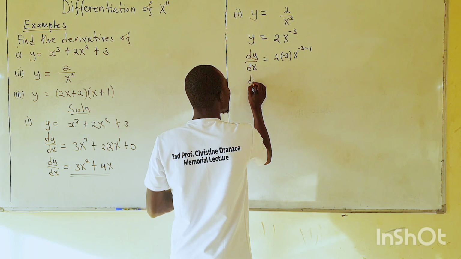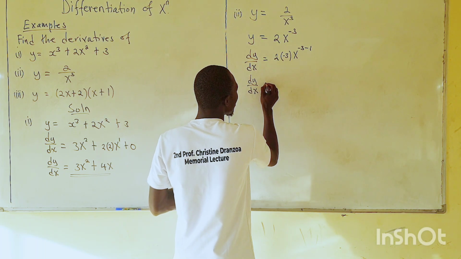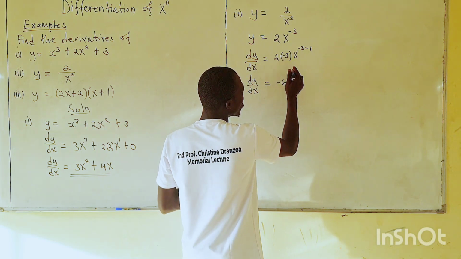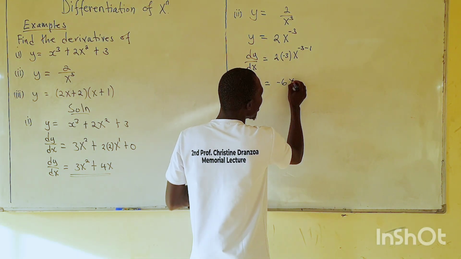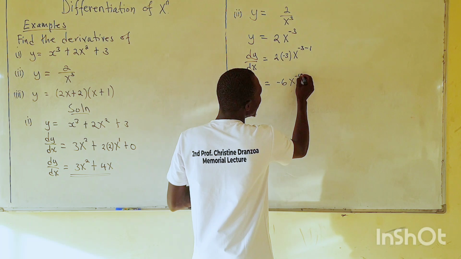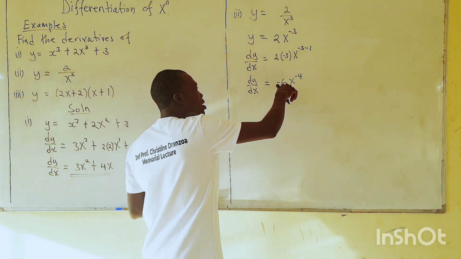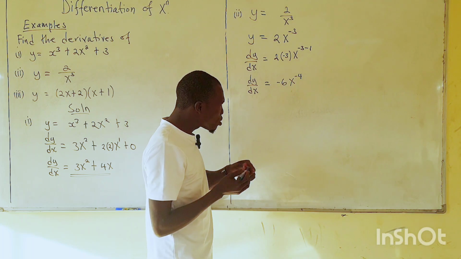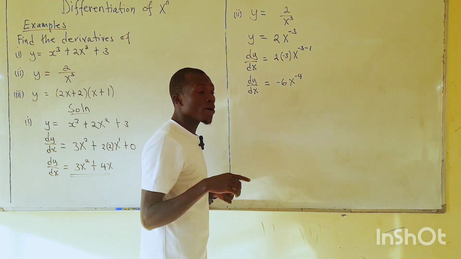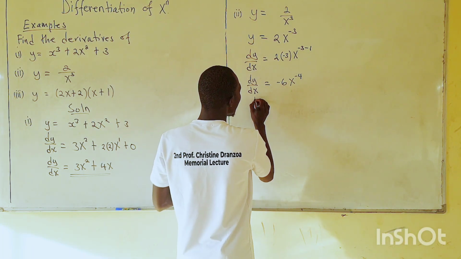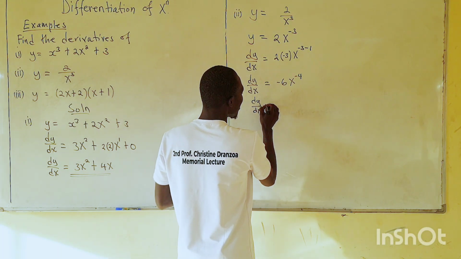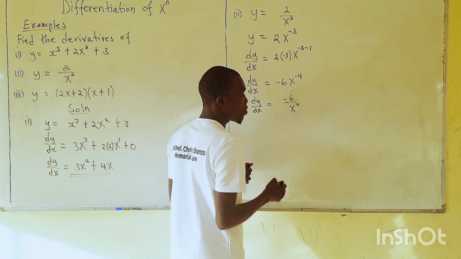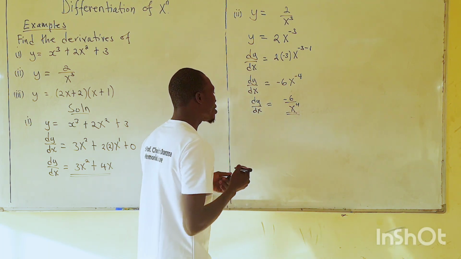So dy/dx equals negative 6 x to the power negative 4. You can bring the x down to make the power positive, so dy/dx equals negative 6 over x to the power 4. That is the answer.